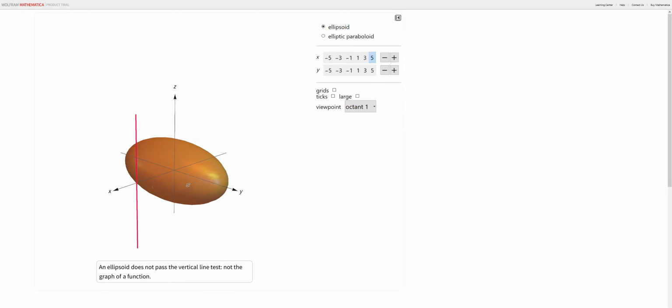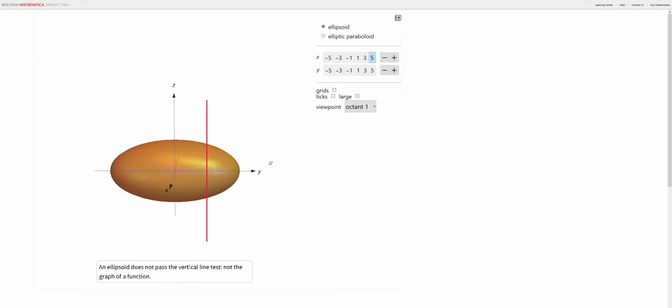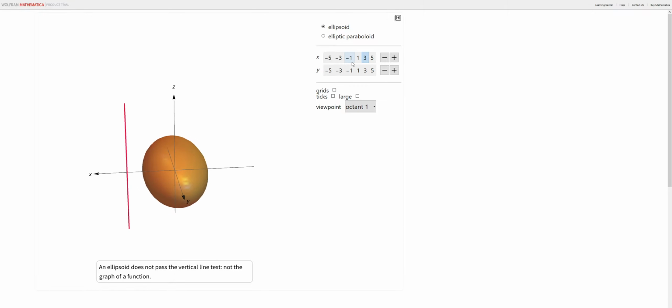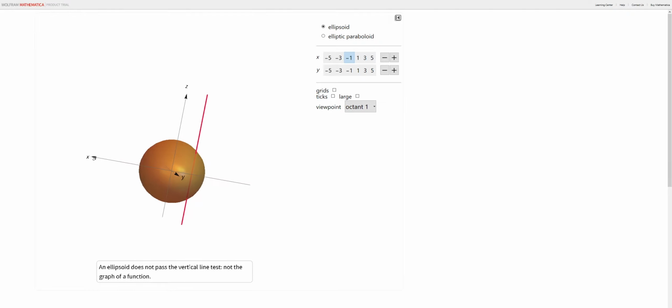Here I have a line parallel to the z-axis that does not intersect the surface at all. So there's at least one line that doesn't intersect the surface. Maybe I'll jump here. That also doesn't intersect the surface. I better move my x in a little bit closer. There is a line parallel to the z-axis which intersects twice, if you can see that.